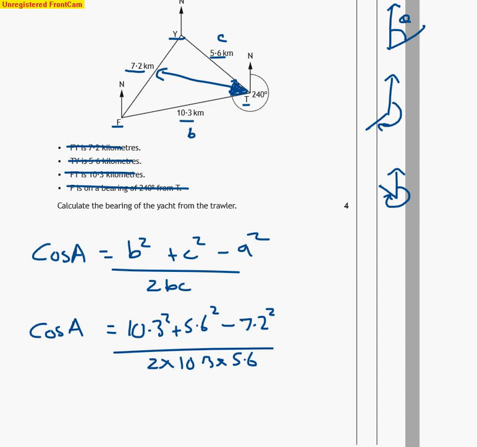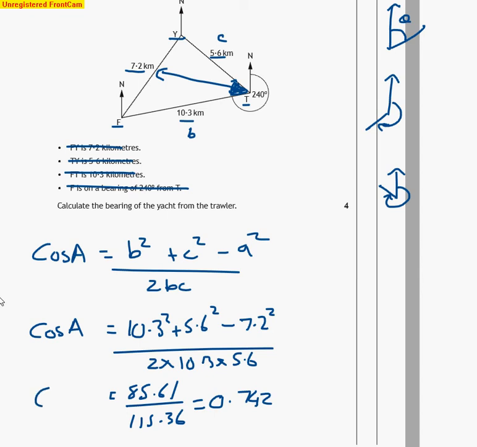So, what does this give us? Calculators. On the top line, that's giving me 85.61, and on the bottom, 115.36. So 85.61 divided by 115.36 gives me 0.742.